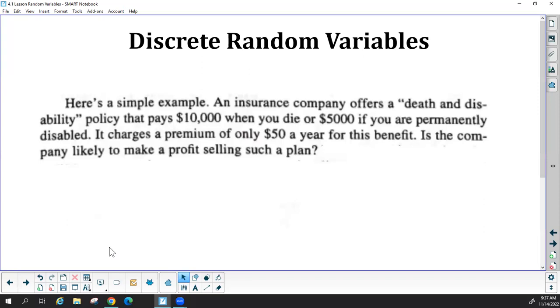There's a limited number of options. The policyholder could die, the policyholder could be permanently disabled, or the policyholder could be healthy and alive. And so those are the three possibilities. We don't know which one will happen, and they each come with a different cost to the company.